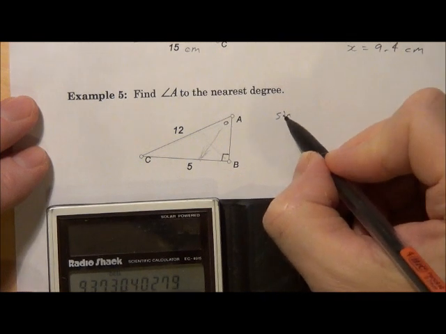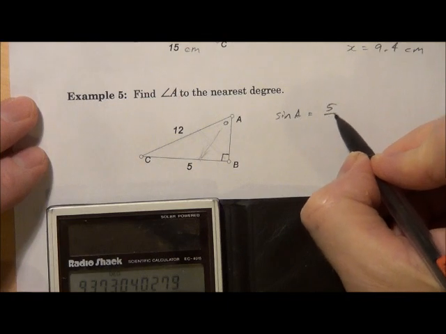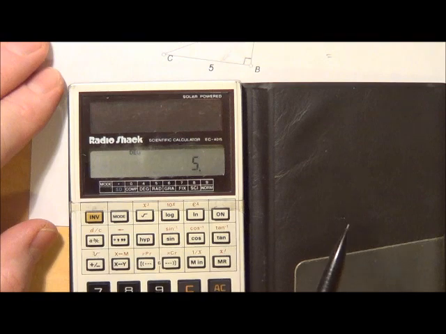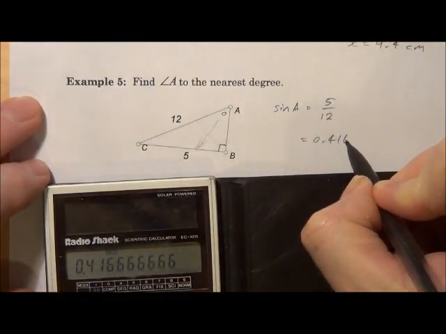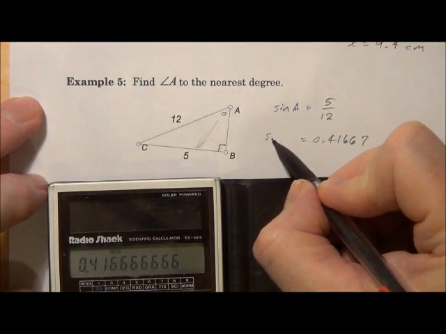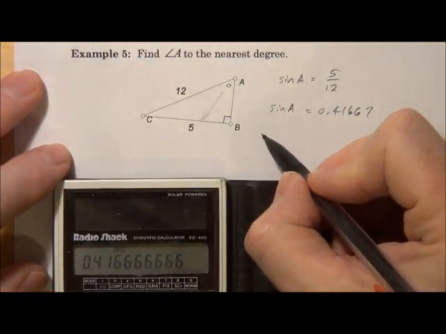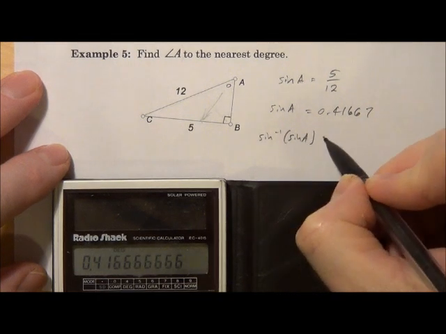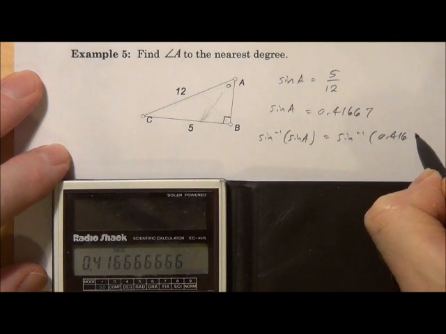So we'll be using sine of angle A is the opposite over the hypotenuse. We can divide that. So 5 divided by 12 gives us 0.4166, maybe 7. That's the sine of angle A. Then the inverse sine of the sine of angle A equals the inverse sine of 0.41667.